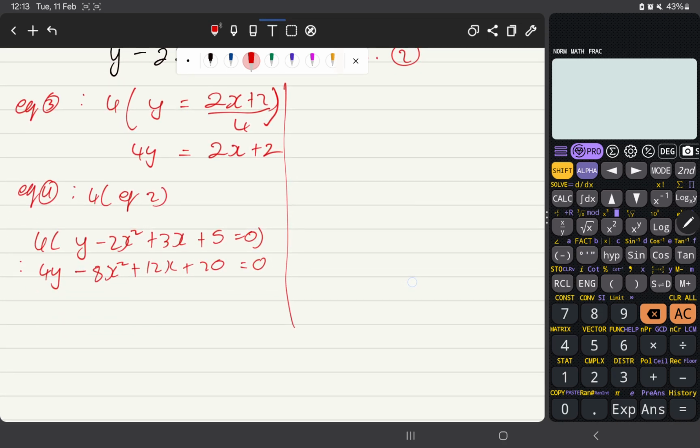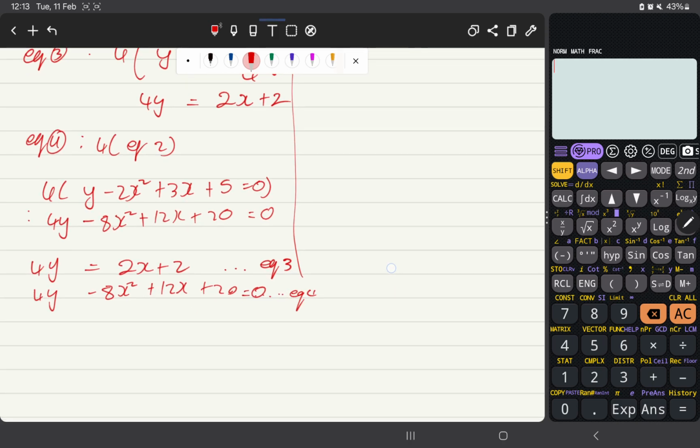So that's my equation 4. Let me write them down. Equation 3 is 4y equals 2x plus 2, that's equation 3. And then 4y minus 8x squared plus 12x plus 20 equals 0, that's my equation 4, right?